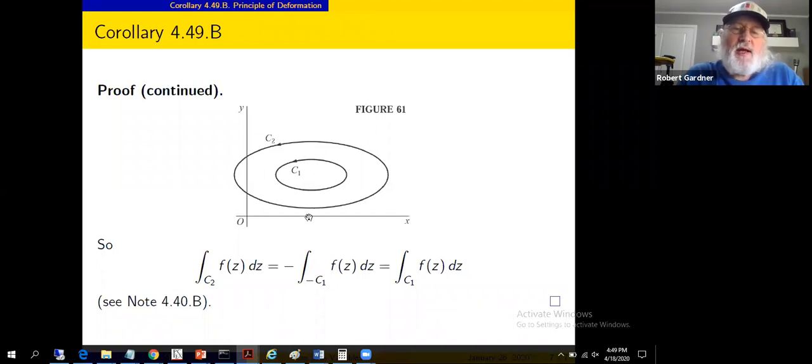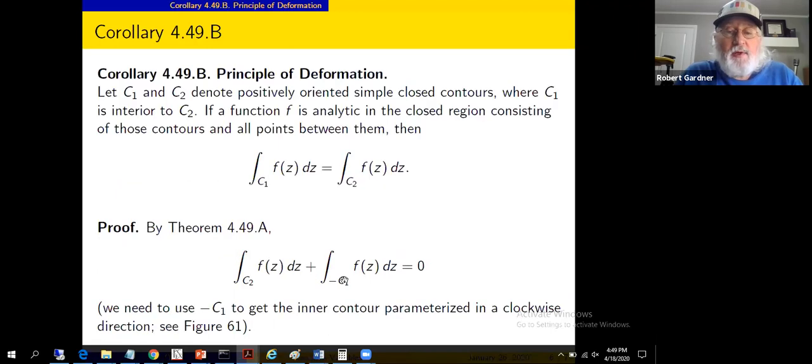So if we integrate over c sub 2 plus an integral over negative c sub 1, we'll get 0. Well, if we move that integral about negative c sub 1 to the other side of the equation, so go back, we left off here. This is exactly what theorem 4.49.a says.